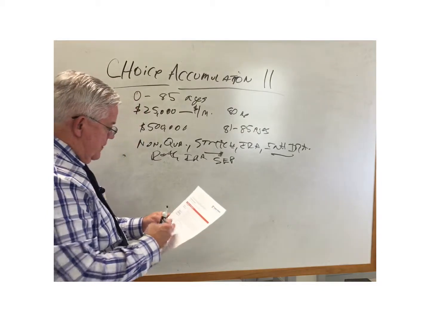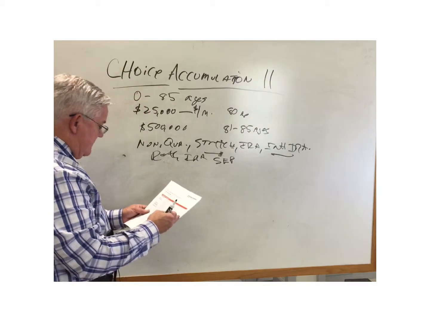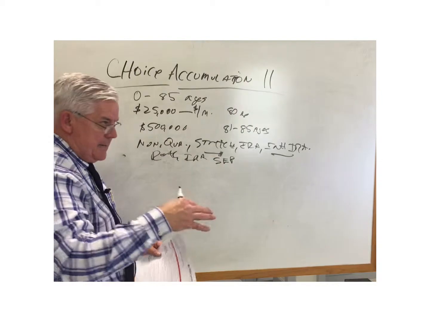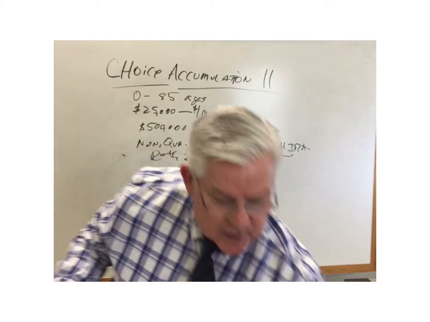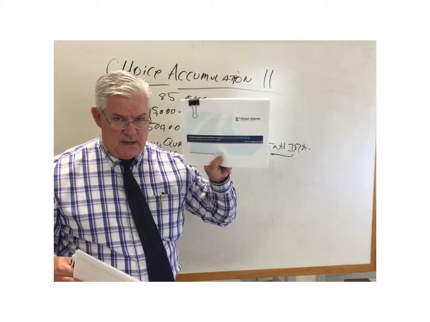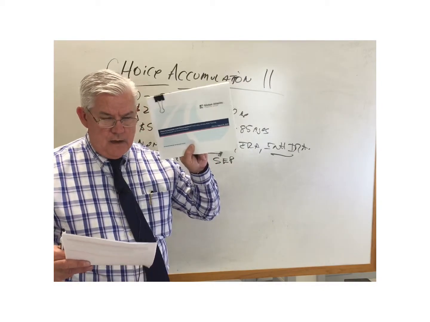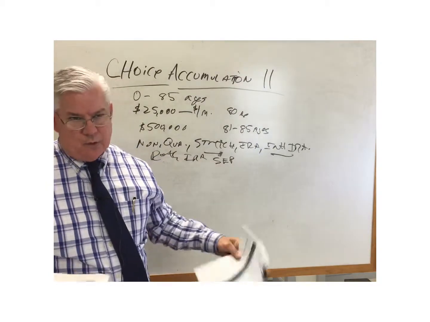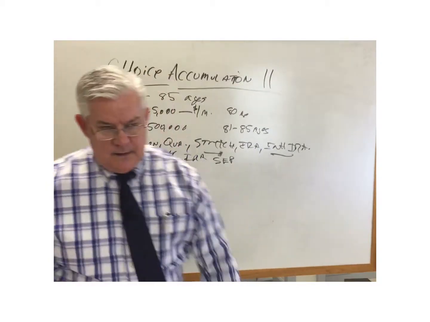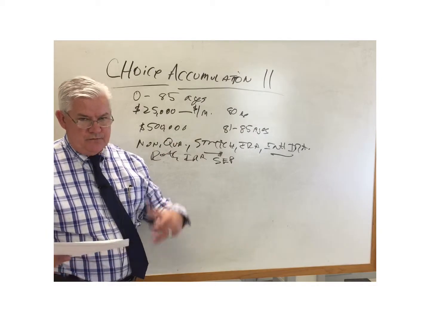Okay, but anyway, you have the different crediting methods, and we're going to go through the crediting methods again in a moment when we get to the training on this particular brochure right here. They are going to be the same as what we talked about: the point-to-point, monthly point-to-point, participation rate, and so forth.